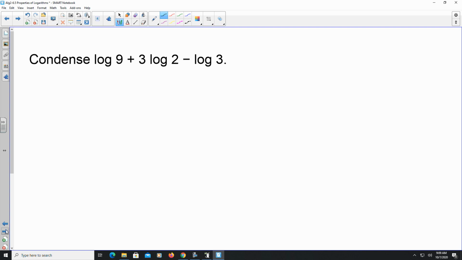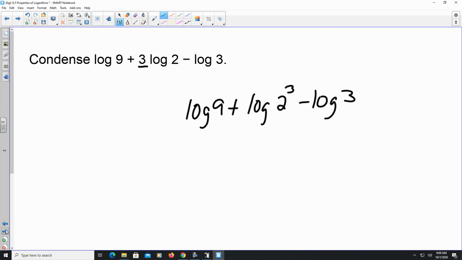Just like how we ended with exponents when expanding, now we're going to start with exponents. Looking at this 3 on the outside, that means it is part of an exponent. So to condense it, I get log of 9 plus log of 2 raised to the third power minus log of 3.